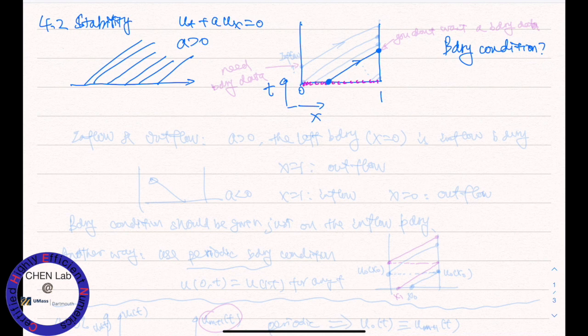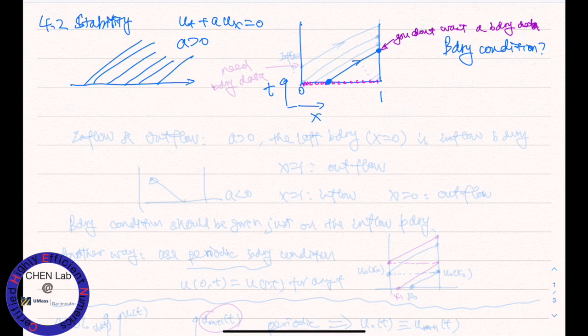In that case, I hope it's pretty straightforward to state that you don't want boundary data for that location, because if the boundary data you give happen to be different from the corresponding initial value, then you're violating this property of the PDE.